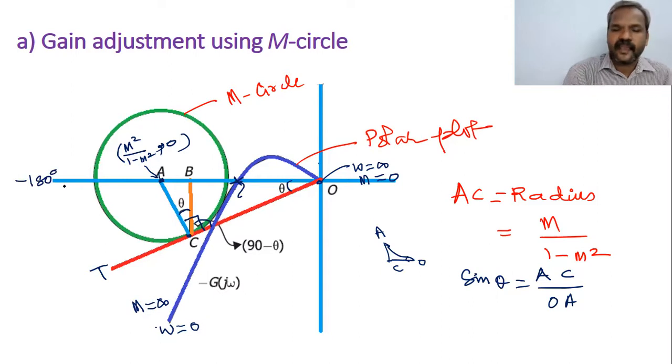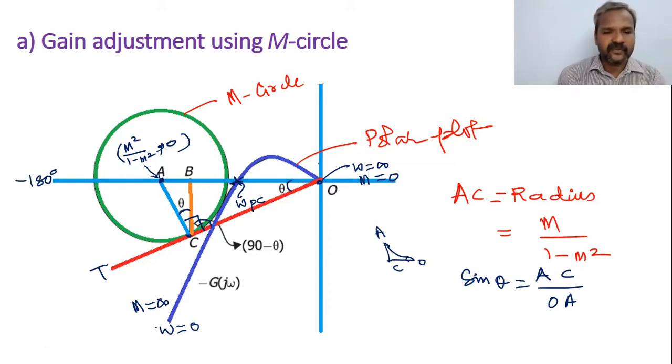When omega goes from 0 to infinity, it crosses the minus 180 degree line. That point is called omega PC, the phase crossover frequency. What is phase crossover frequency? The frequency at which the angle is minus 180 degrees.